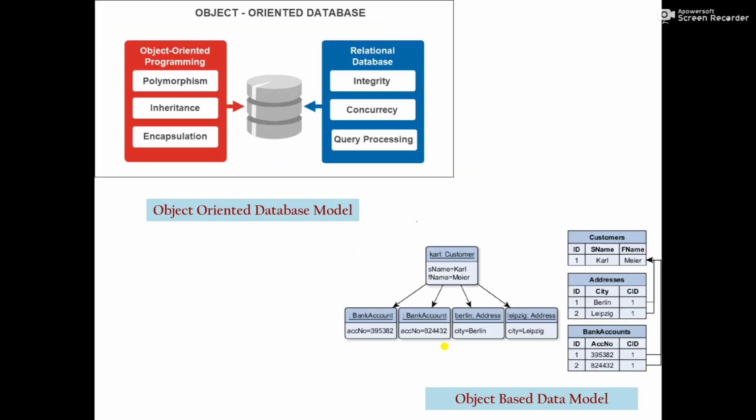Right? Next the object model. It combines the features of the relational model with other object-oriented programming concepts: polymorphism, inheritance, and encapsulation. So everything I have added into this relational model, we have derived a new data model, called the object-oriented data model. This is the way to represent the object-oriented data model. Everything deals with objects, functions, like this.